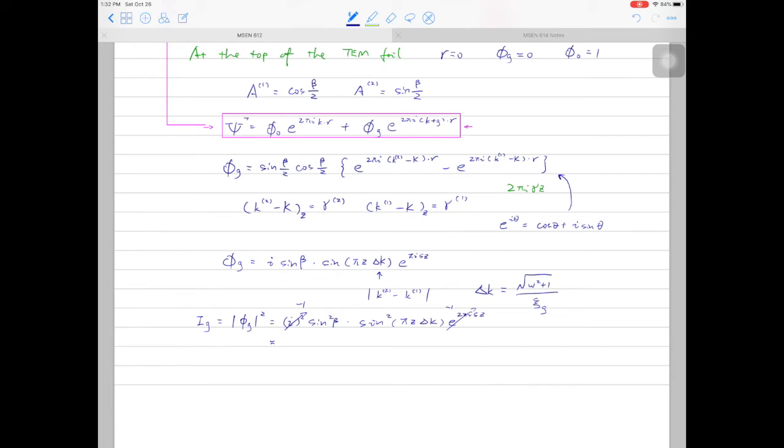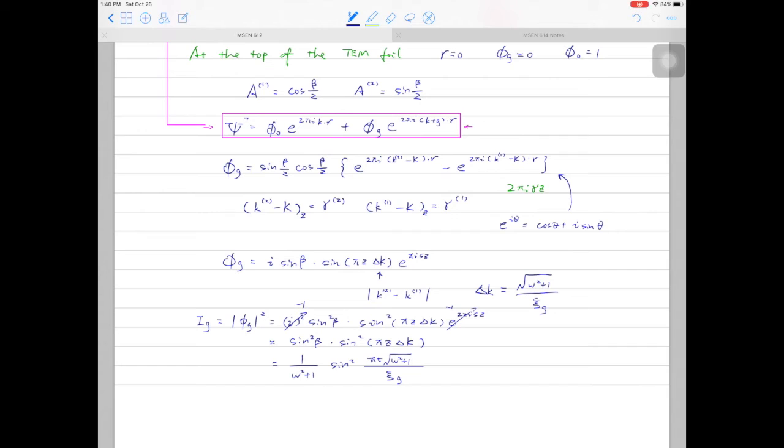So the expression can be rewritten as sine square beta times sine square pi z delta k. Substituting delta k and writing everything in terms of w and kcg, we'll have something like this.